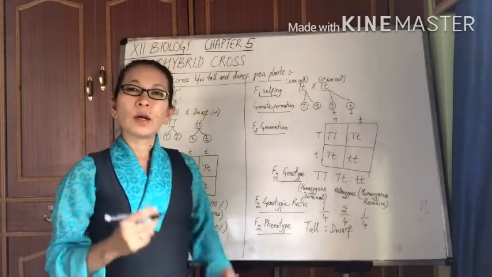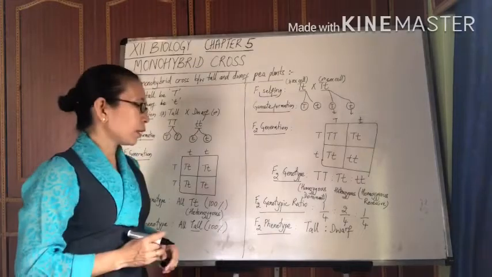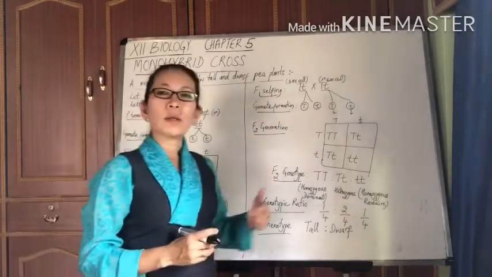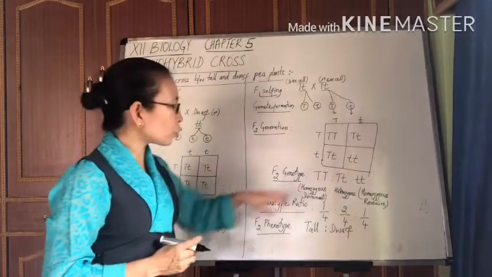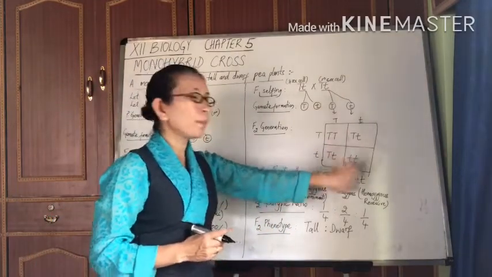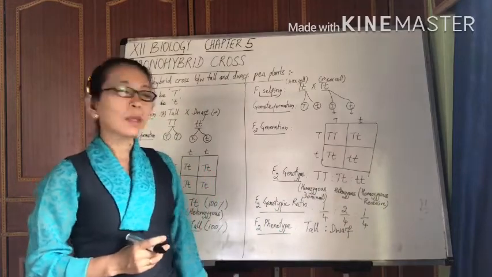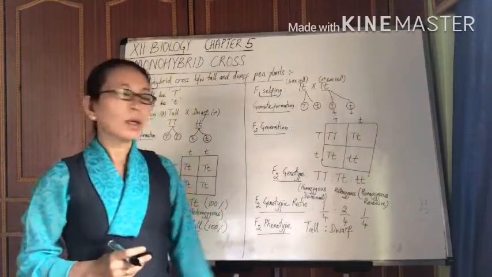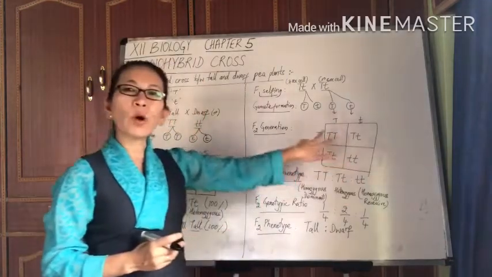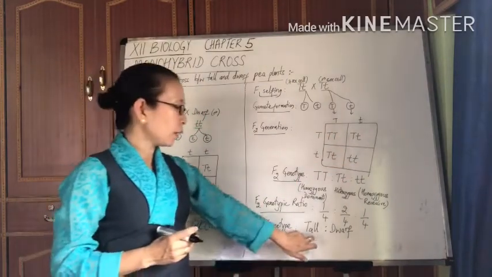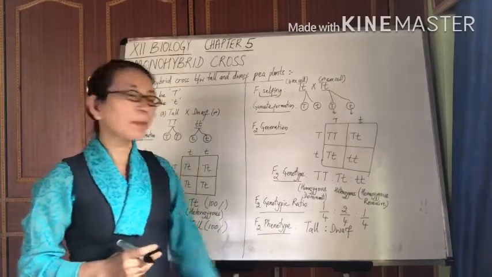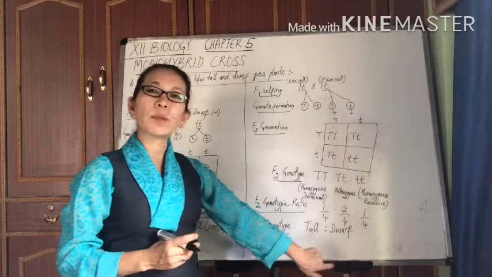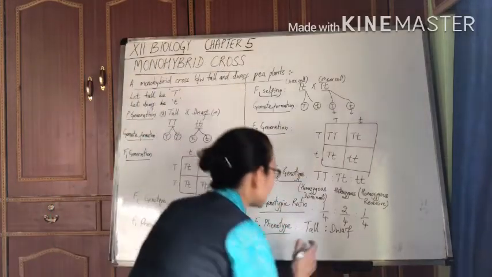So as Mendel also noted in his numbers of the tall and the dwarf F2 plants, we can also be seeing through the Punnett square use that out of the four possible genotypes, three of the genotypes can be resulting in a tall phenotype, and one of the genotype can be resulting in the dwarf phenotype.